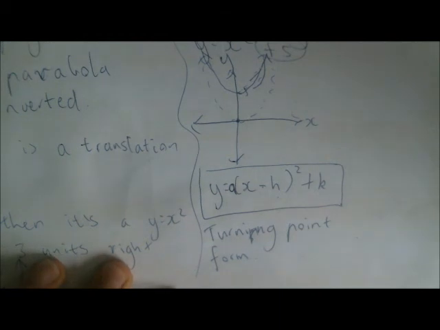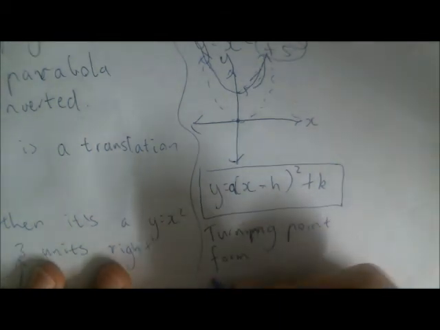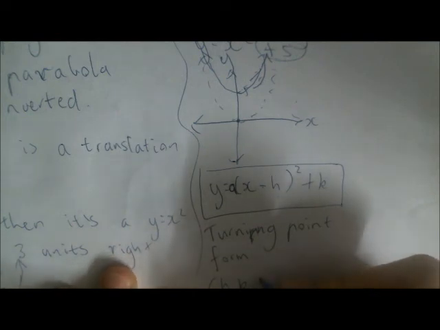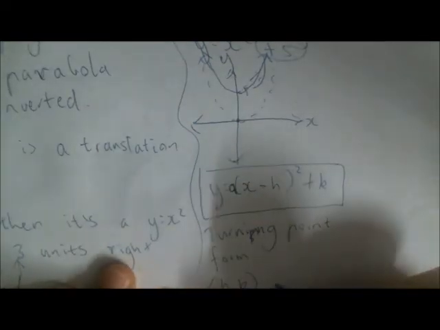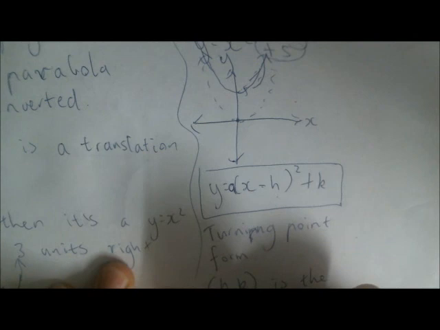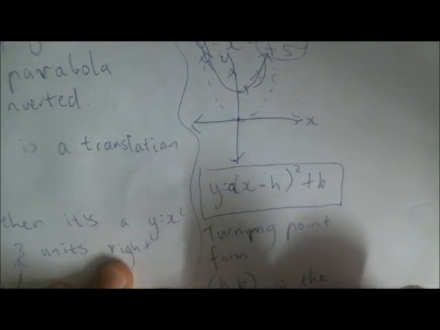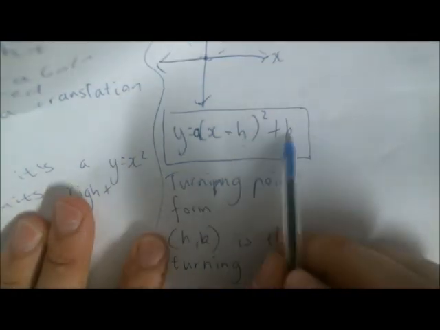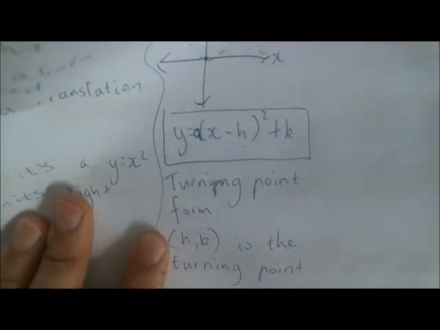Now, the reason it's called turning point form is because h and k are the turning point. The value of h and the value of k tell me where the turning point is.